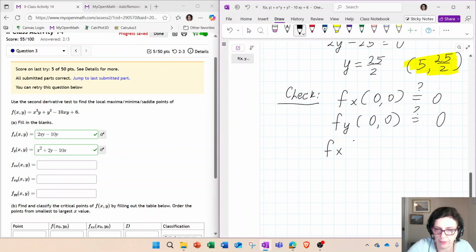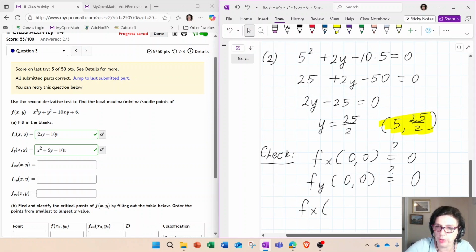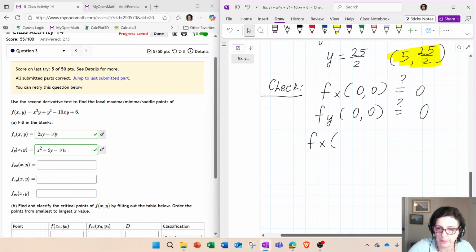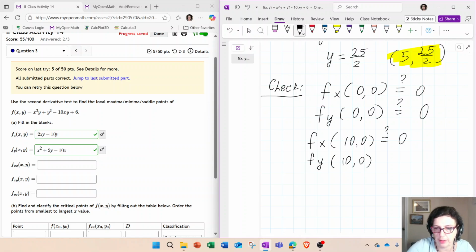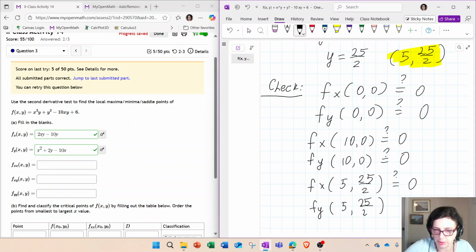Then I have to go to fx again and do the other point, which was (10, 0), and see if that equals 0. And I have to do it for fy and plug that in there and see if that equals 0. Now for that suspicious fraction, the 25 over 2, I hope I got that right, fx has to be 0, and also for fy, that is also supposed to be 0.